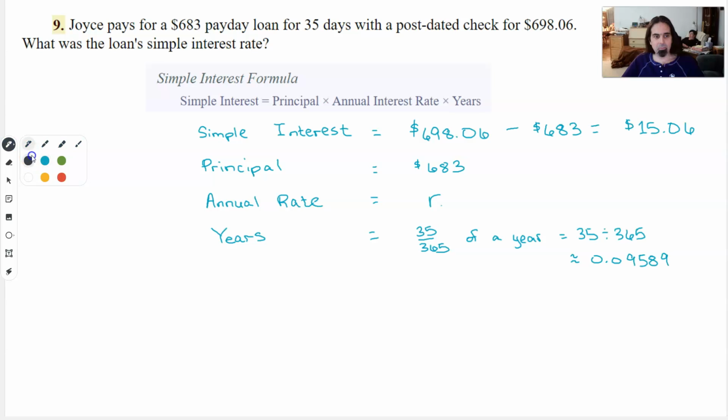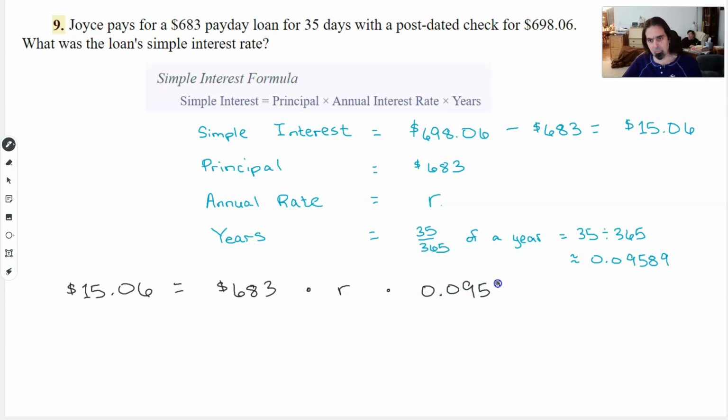So we can plug them in. So I have R, and it's in between things. If you haven't seen this kind of sandwich before, the trick is that when you multiply things, you're allowed to switch which order you do them in.